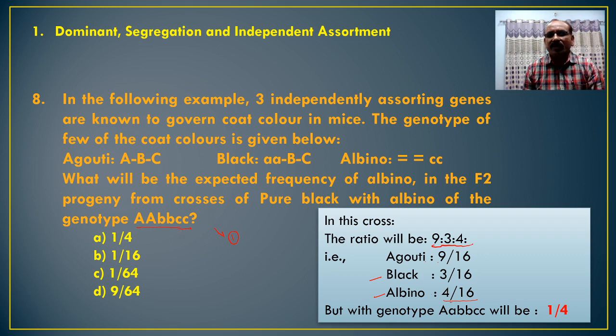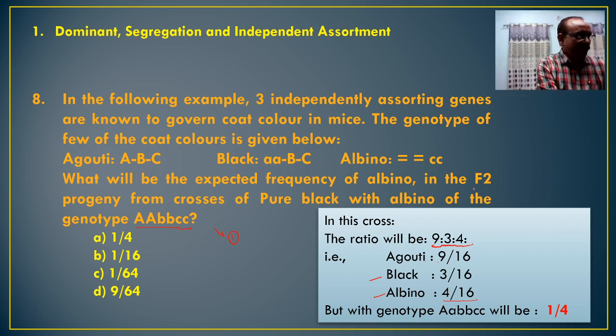Hence this ratio of albino, 4:16, will convert into 1:16 or 1:4. Here we can find the ratio, and that is 1:4.